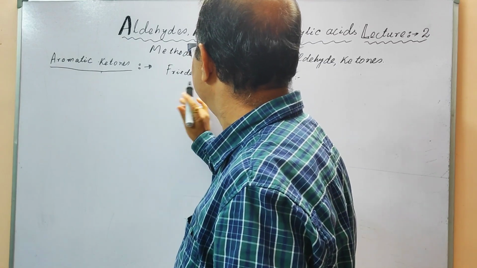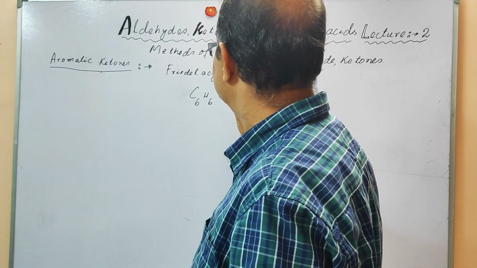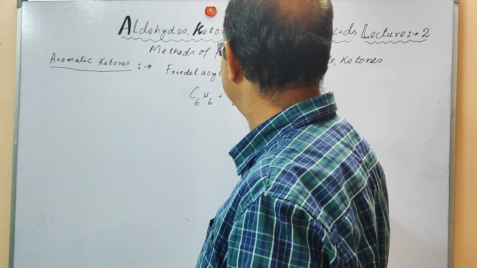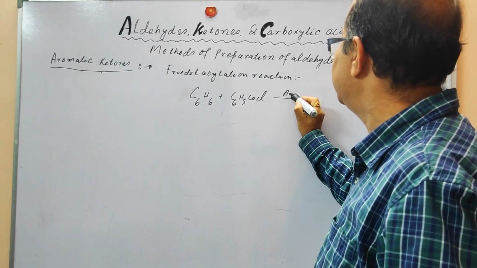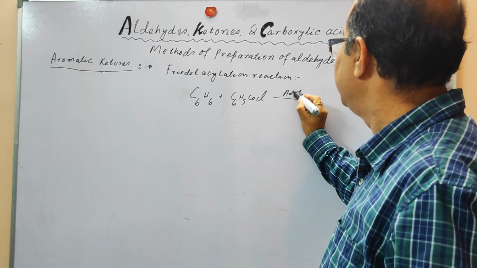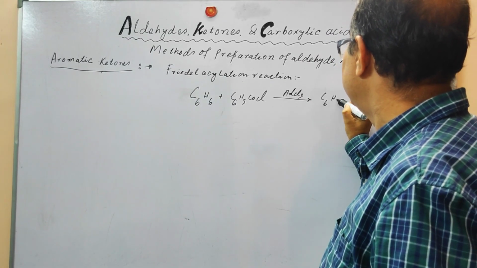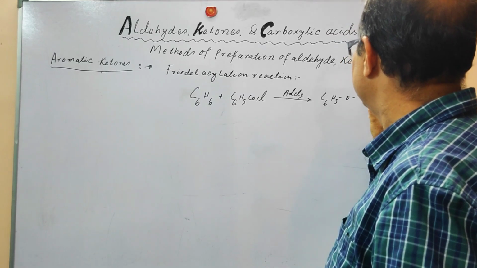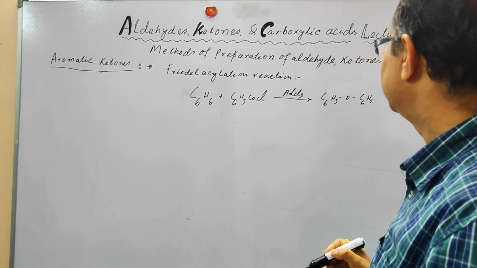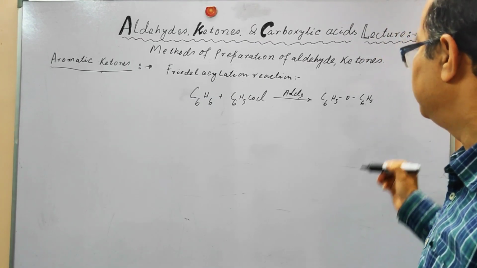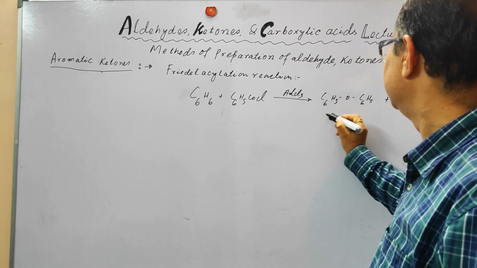In this process, benzene, C6H6, reacts with C6H5COCl, benzoyl chloride, in the presence of anhydrous AlCl3, and it is going to produce benzophenone, C6H5COC6H5, and HCl. This is benzophenone.